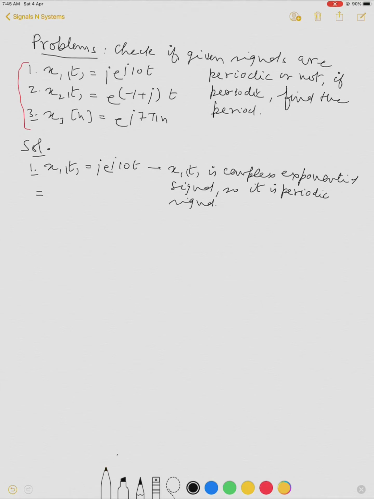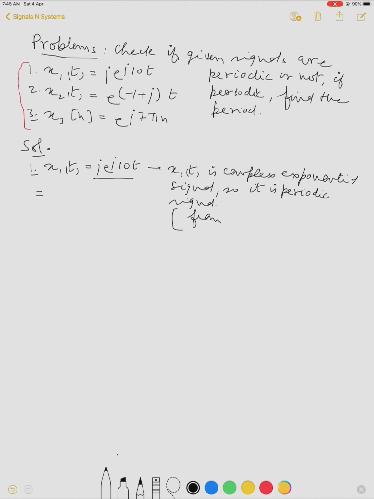x1(t) is defined for this problem as j times e raised to the power j10t. We know that x1(t) is a complex exponential signal, so it is periodic. Now that it is periodic, we need to find the period of this signal. We can expand this signal.